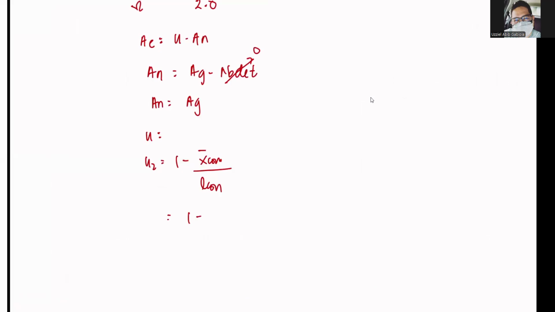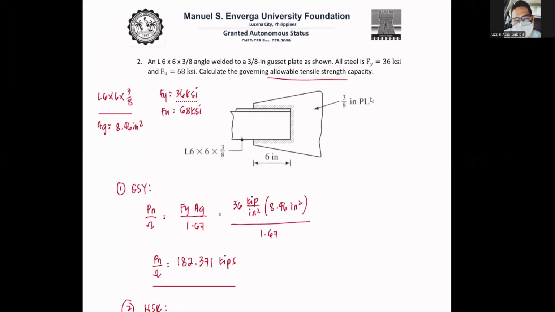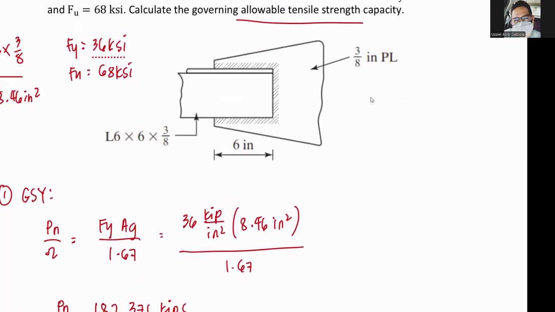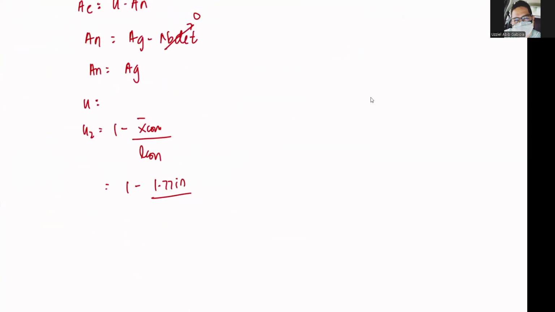So 1 minus 1.77 inches over L. Our L is our connected length, and for this case we only calculate the longitudinal length, which is 6 inches. So U2 is equal to 1 minus 1.77 divided by 6. That is 0.705.